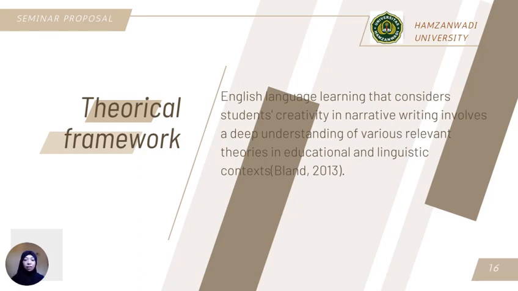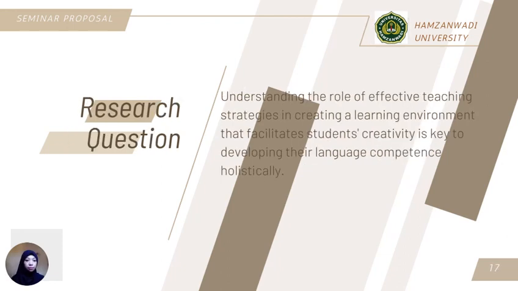And the next point is the research question. Understanding the role of effective teaching strategies in creating a learning environment that facilitates student creativity is key to developing their language competence holistically.